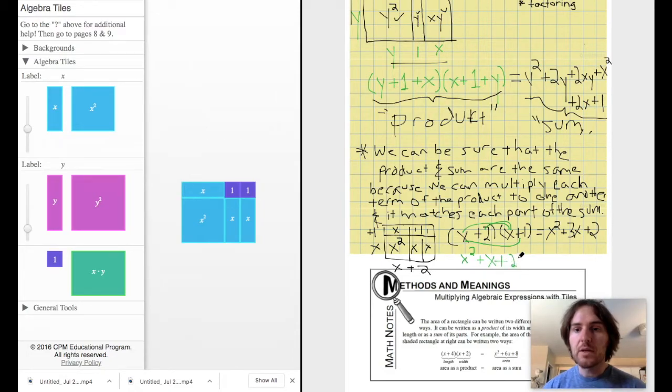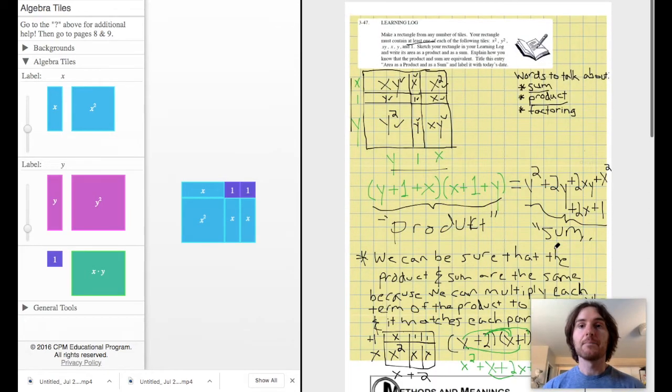And finally, we know that 2 times 1 would equal 2. And that would simplify to this right here, right? This would just be this with combined terms because this is where we get 3x's here, okay? So we know that they're the same because if we multiply each part of the product to the other parts of the product here, we arrive at the same thing as the sum.